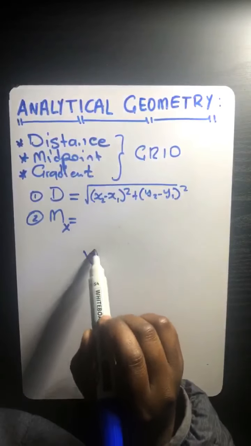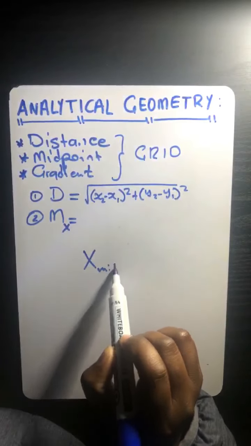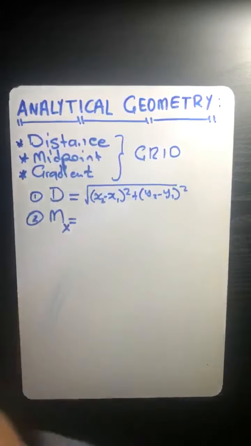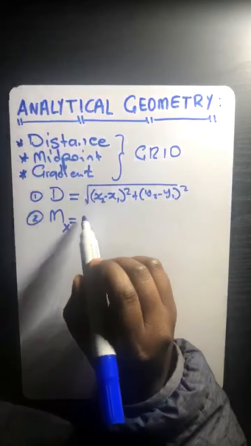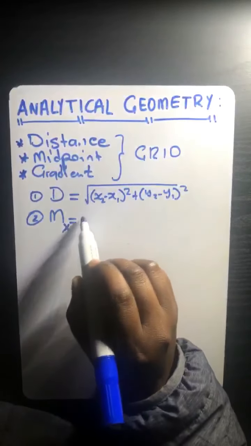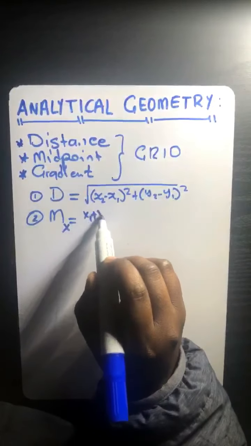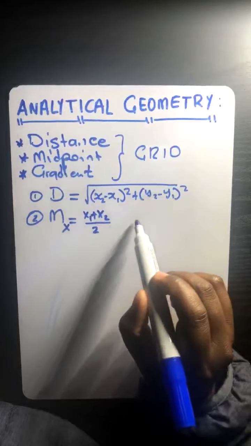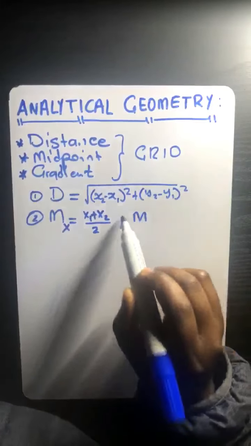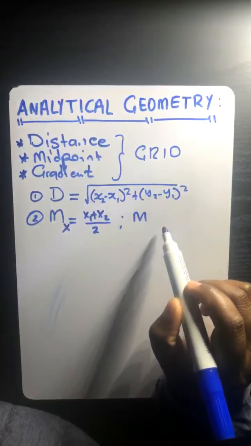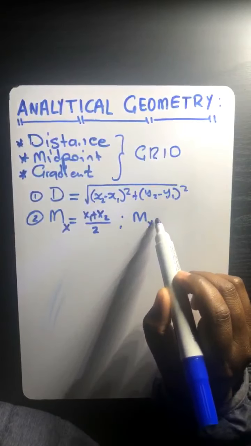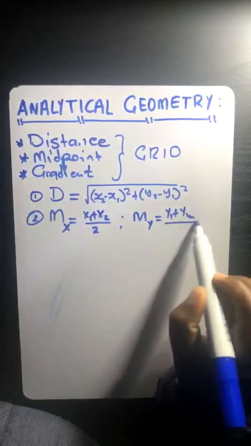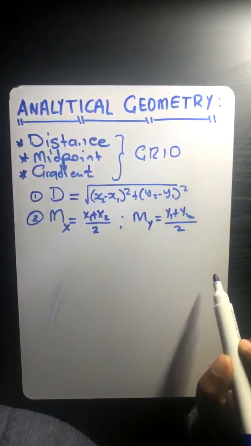It doesn't matter how you represent it, as long as it is represented correctly. The midpoint for the x value is x1 plus x2 over 2, and the midpoint for the y value is y1 plus y2 divided by 2.